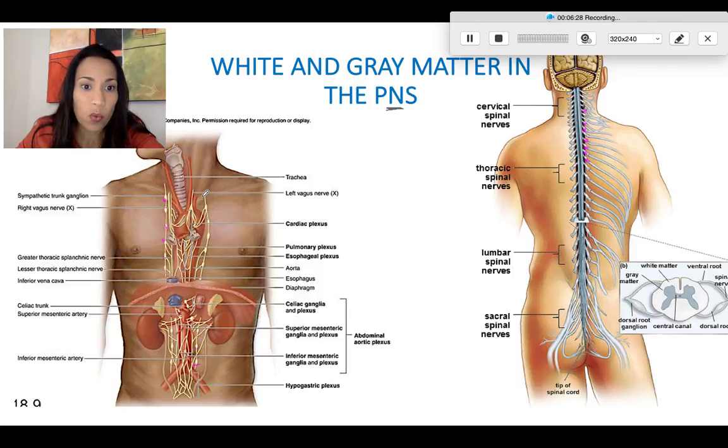Now, the wires that we can see here in blue and here in yellow, and all of those wires in there, are bundles of axons. So they make up the nerves of the peripheral nervous system. They don't form tracts, they form nerves. Now, how are the white and the gray matter organized in here? The gray matter is at the level of the ganglia and the white matter forms nerves.